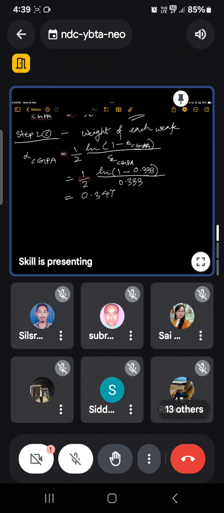We will get 0.347, and it will be the weight of each weak classifier.